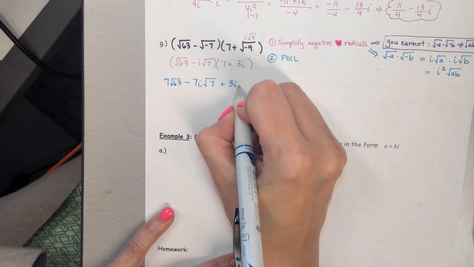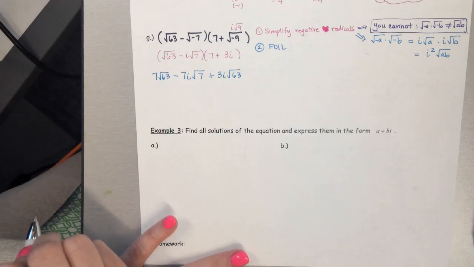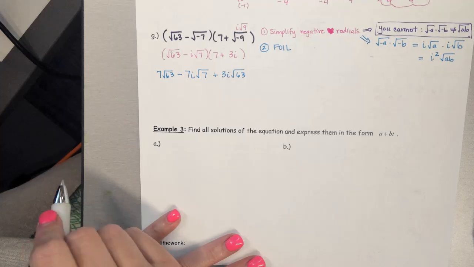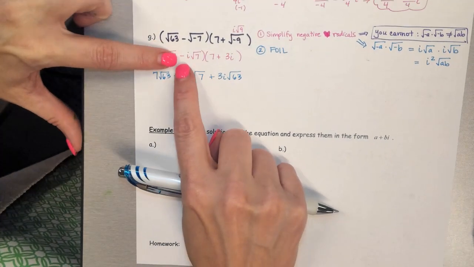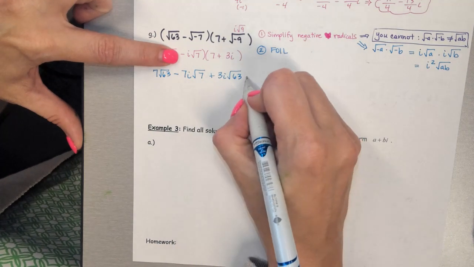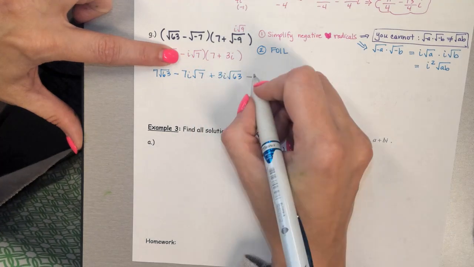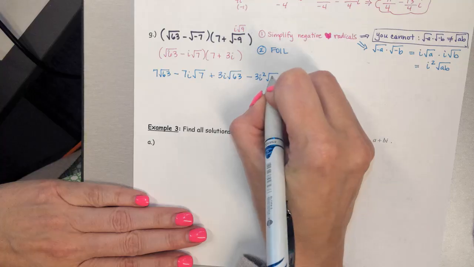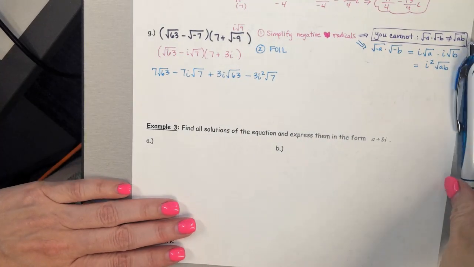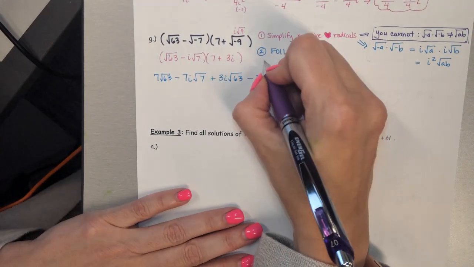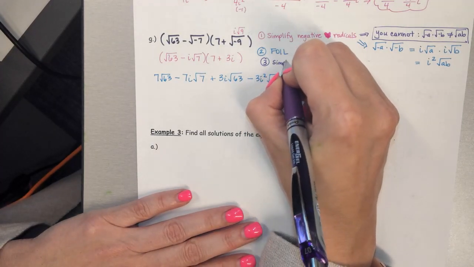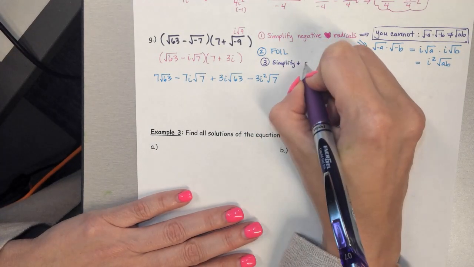So 3i times root 63, which I'm going to keep for now. And then the last one, when I'm multiplying a negative and a positive, it's going to be negative. 3i times i is 3i squared, and then I'm going to keep that root. Okay, and then the last thing we're going to do is simplify and combine like terms.